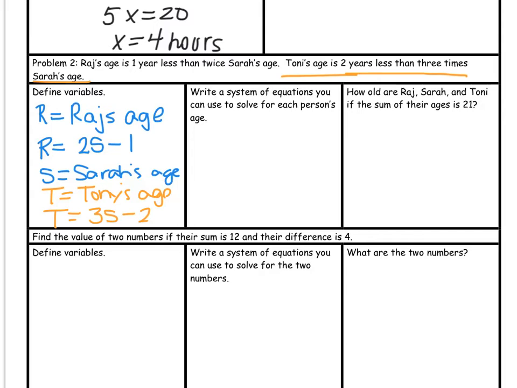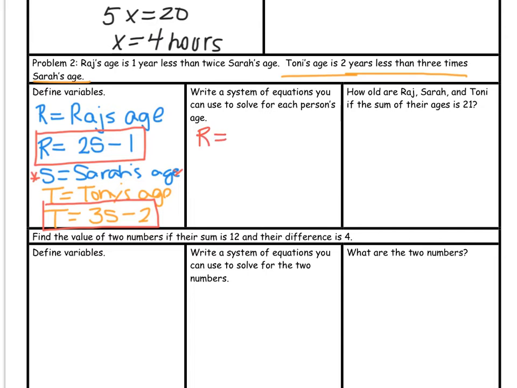Out of these variables, we really just need Raj's age in terms of Sarah's age and Tony's age in terms of Sarah's age. And that's going to help us determine what Sarah's age is. So we need to write a system of equations you can use to solve for each person's age. In this case, we do have three equations.